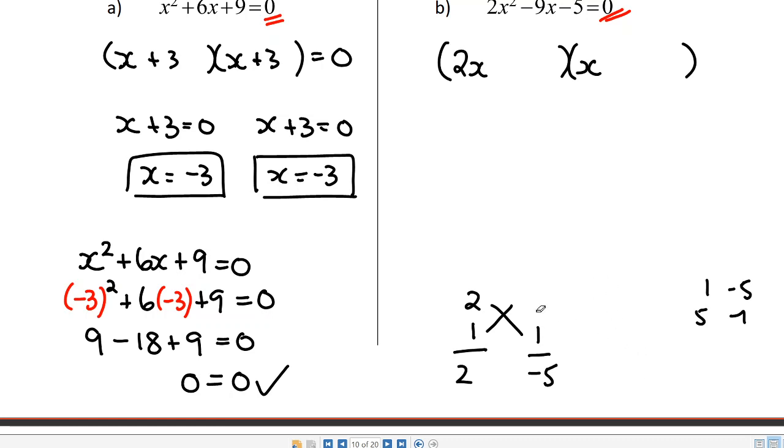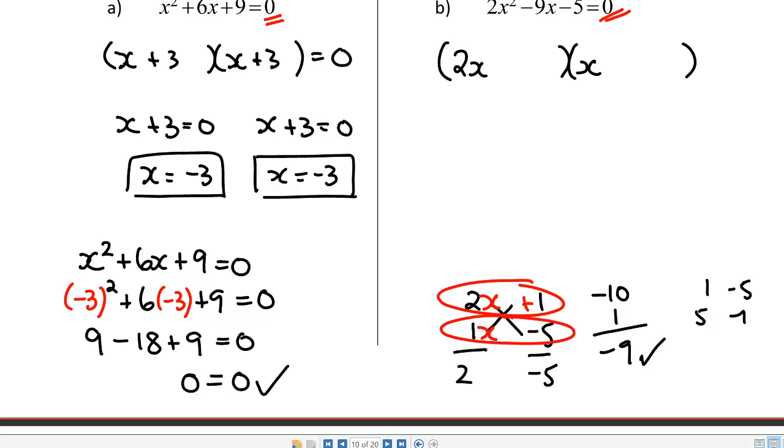So let's try and switch spots with those. Put 1 and negative 5. Then when we multiply across, we get negative 10, positive 1. When we add those, we get negative 9. And that is what we wanted. So our first bracket is going to be 2x plus 1. Our second bracket is just going to be x minus 5.